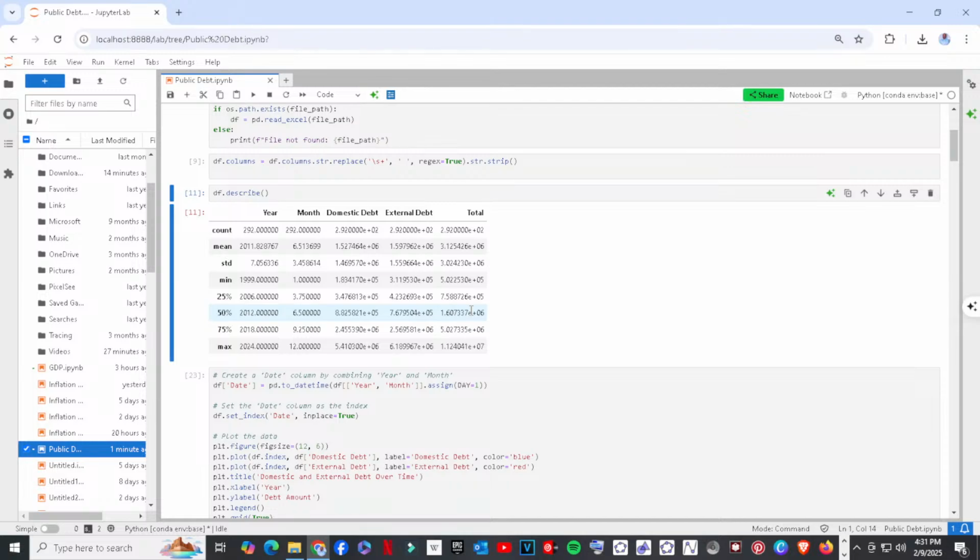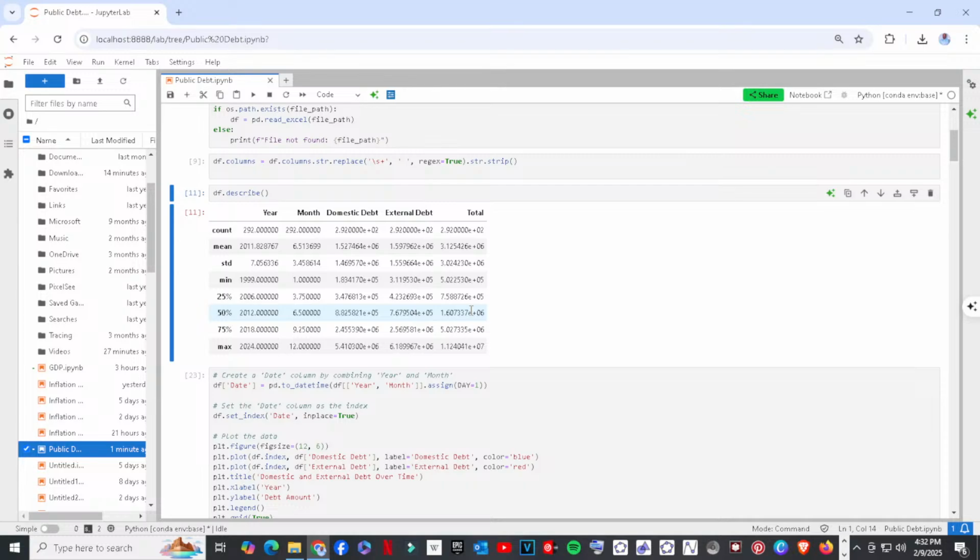Now, the average domestic debt is 1.53 trillion, and the average external debt is about 1.60 trillion. They are almost equal, and we'll see that when we draw the curves. There is not much difference between the two.